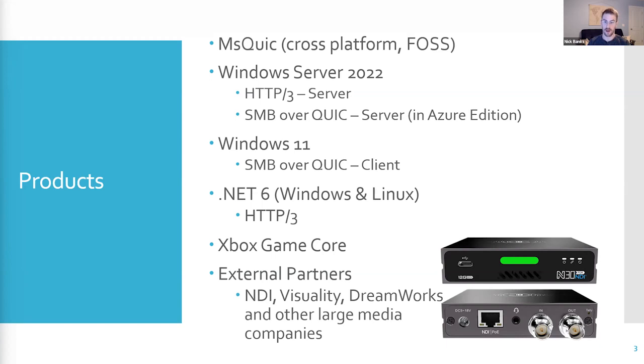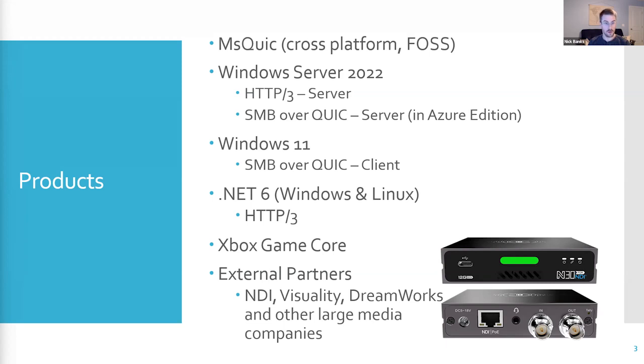Here are a few things that use QUIC and that we've shipped QUIC support in. The latest version of Windows Server and client both have QUIC inbox support to support HTTP and SMB scenarios. Microsoft also released .NET 6 with preview support recently for HTTP3 on both Windows and Linux.